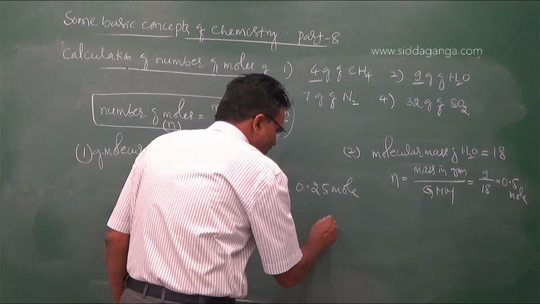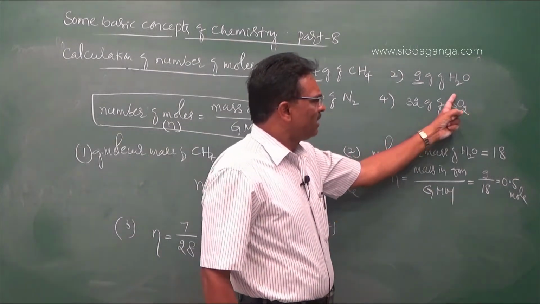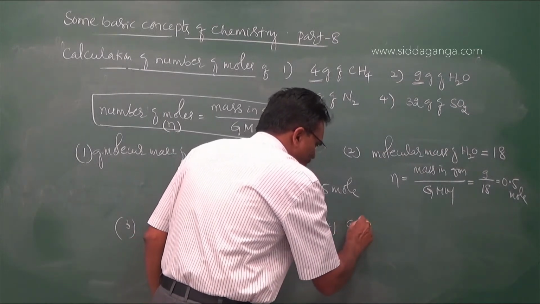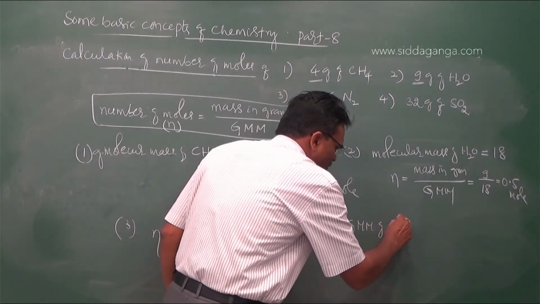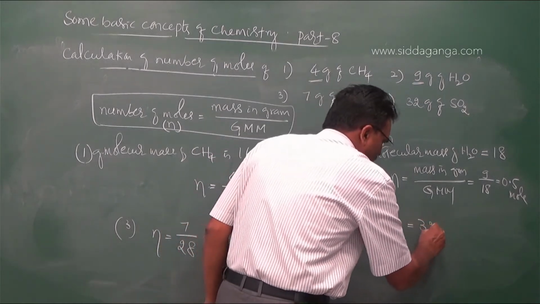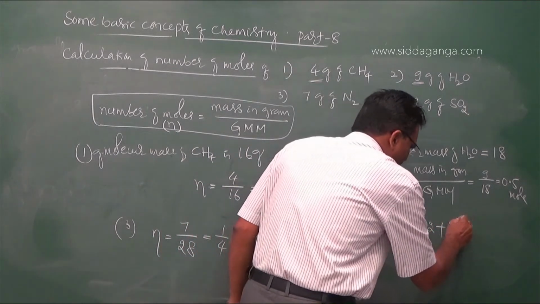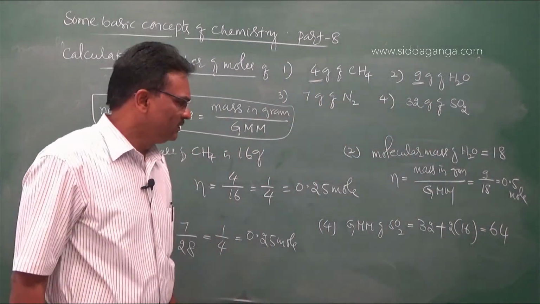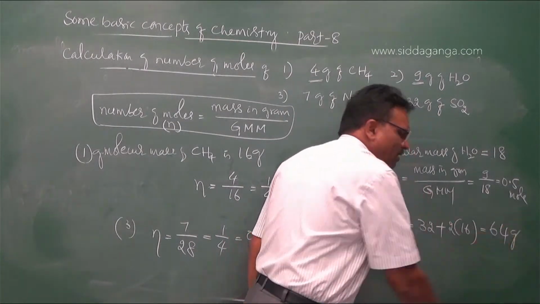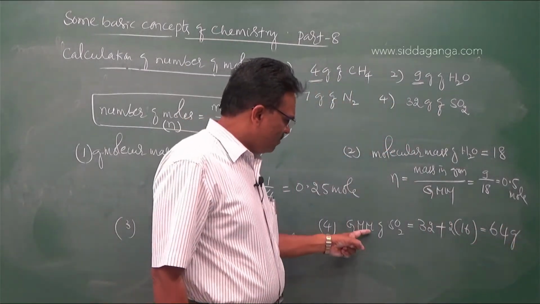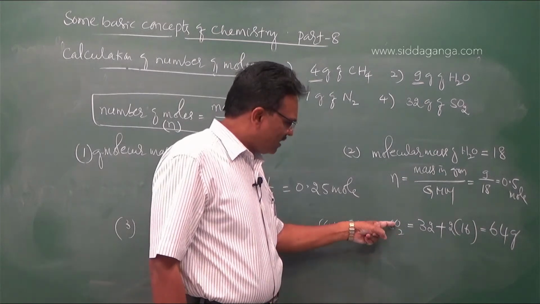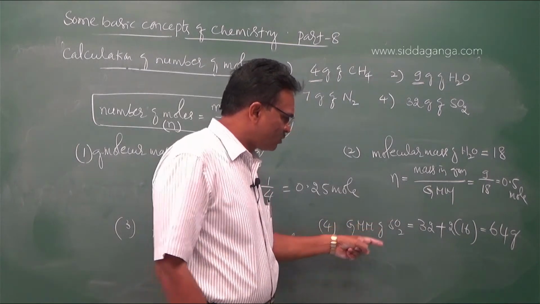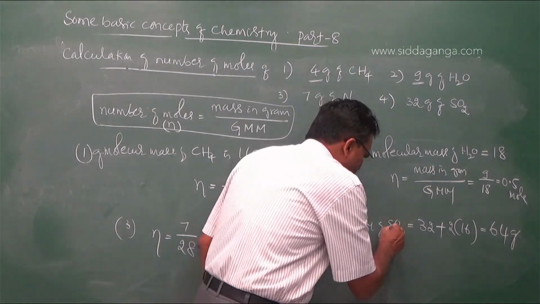Similarly, in case of the fourth one, what is the molecular mass of SO2? Gram molecular mass of SO2 is equal to 32 plus 2 into 16, which is equal to 64 gram.